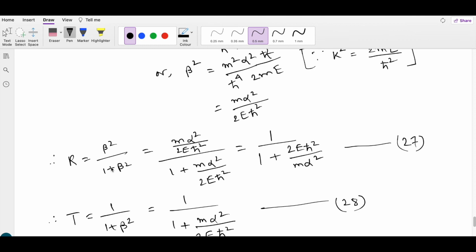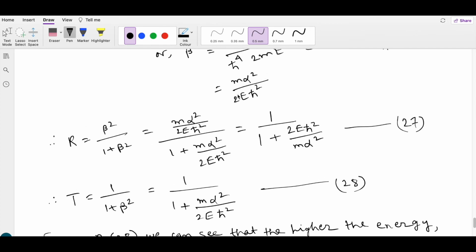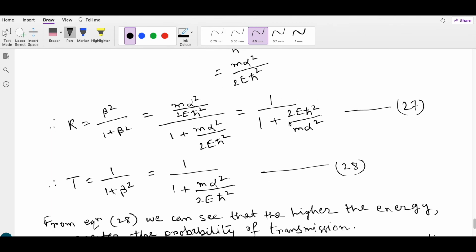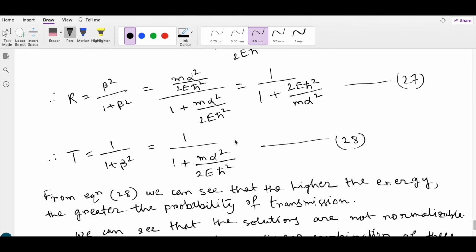We know R equals beta square by 1 plus beta square, and after putting beta square as m alpha square by 2E h bar square, we get this equation. And similarly, after putting the beta square value in this equation, we get the transmission coefficient in terms of energy as 1 by 1 plus m alpha square by 2E h bar square.